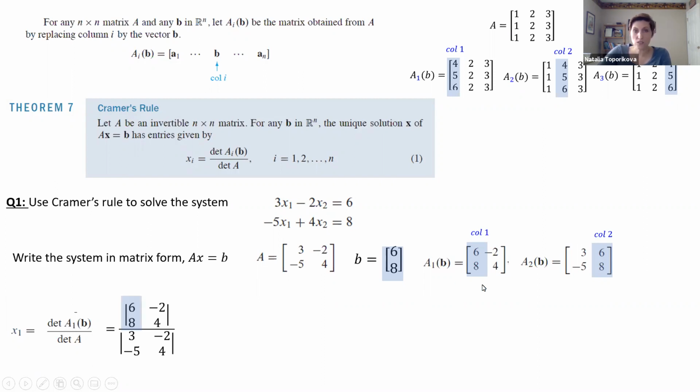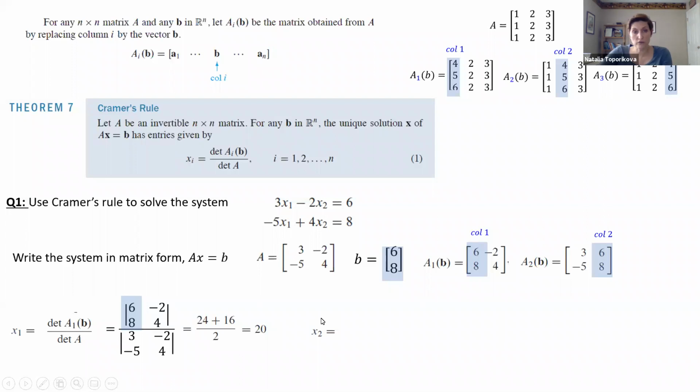Since we already found our matrix A1 of B, we just put it in the numerator. The determinant of our full matrix A goes to the denominator, and all we have to do is calculate 2 by 2 determinants, which gives us x1 equal to 20.